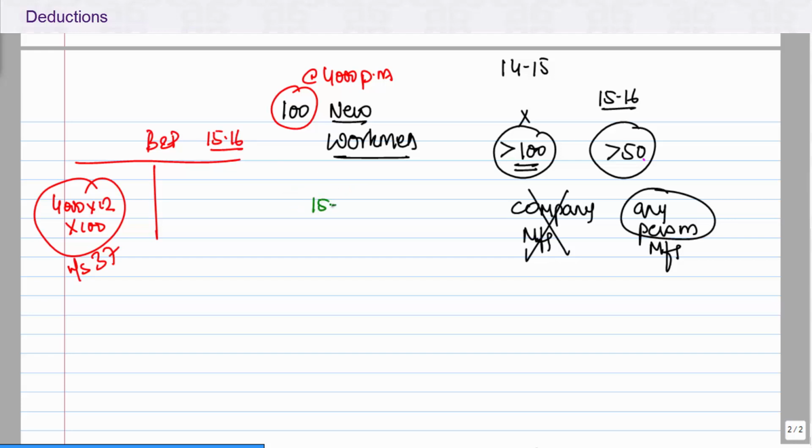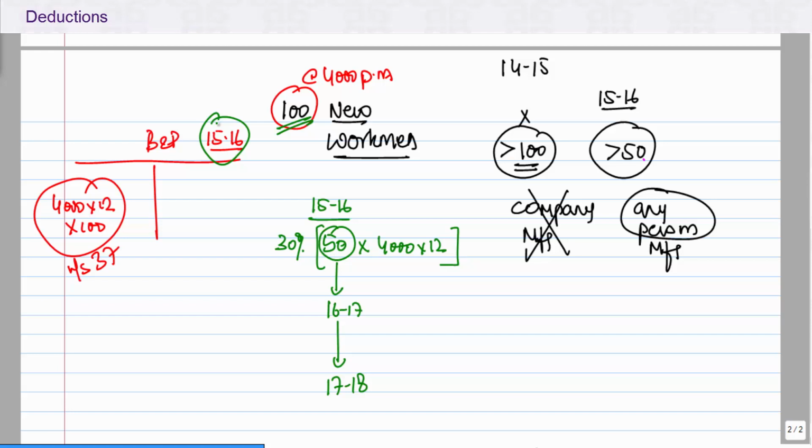In 15-16, for 50 workmen, in excess of 50, into 4,000 into 12, he will get an additional deduction of 30%. The deduction is 30%. And for these 50 workmen, he will get this deduction in 16-17 and 17-18 as well. So for 3 years, on wages paid to these 50 who were employed in 15-16, you will get the deduction.